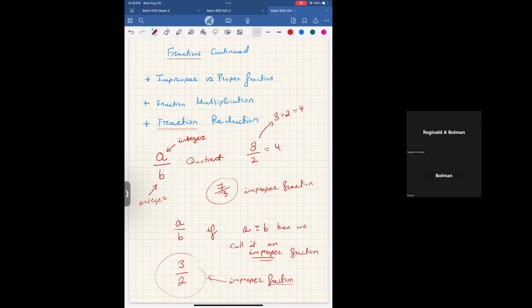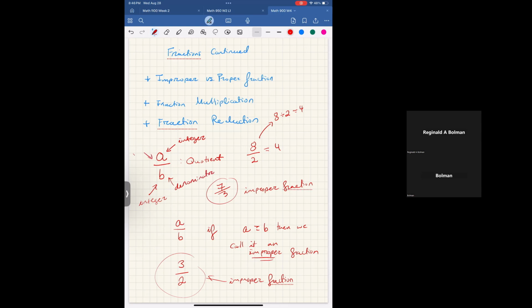But here you see that if you define a fraction as just taking one integer and dividing it by another integer, then in the loosest sense, if that integer happens to be greater than or equal to whatever the bottom number is, which we call the denominator, don't forget this bottom number, we call that the denominator.